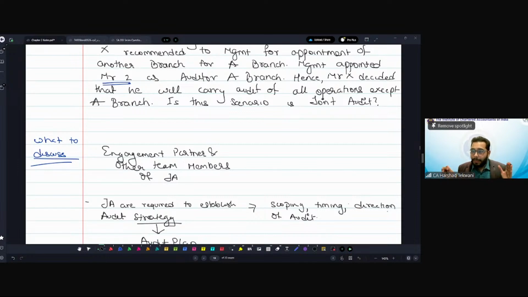When the auditors are being appointed, should they be given a common engagement letter or a separate engagement letter? Sir, it can be both common as well as separate.